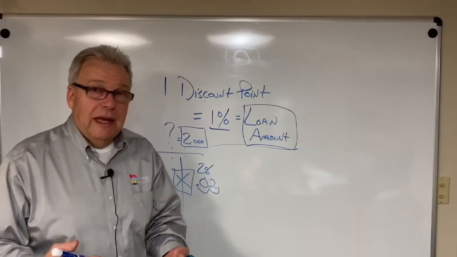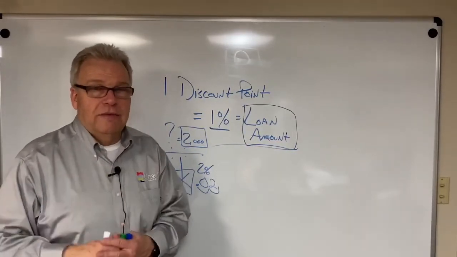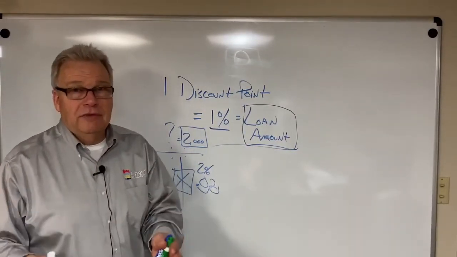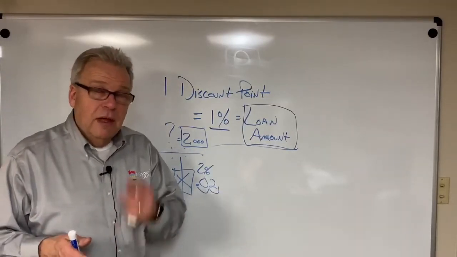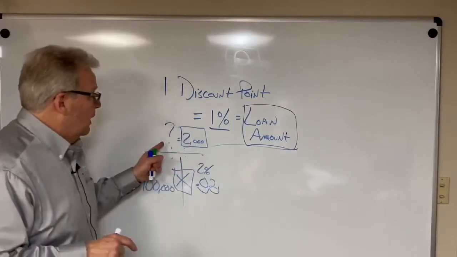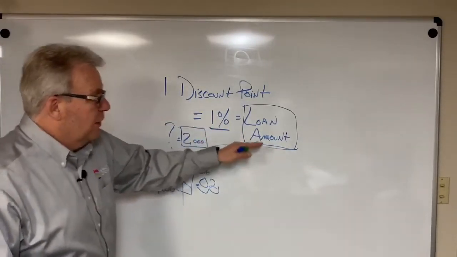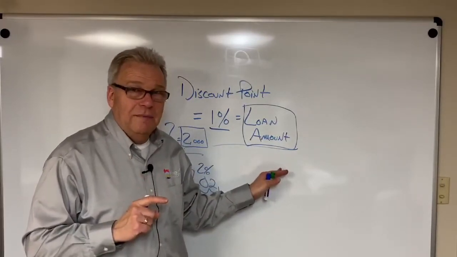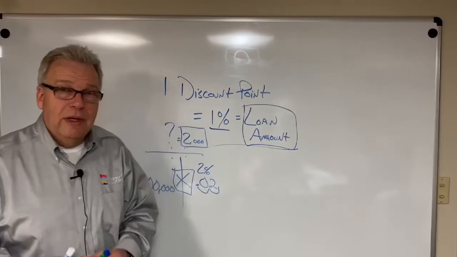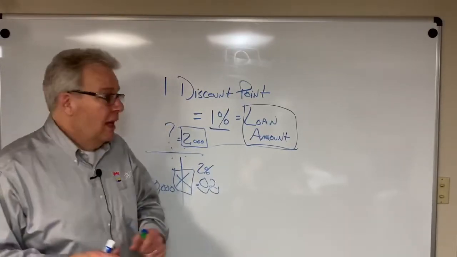But you only really got 98 at the end of the day. So now I'm making more interest off of that loan. And that's why I have to disclose that through the annual percentage rate, if that makes sense. But you need to understand that discount points are always going to be figured on the loan amount. Don't forget that, okay? A discount point is prepaid interest.